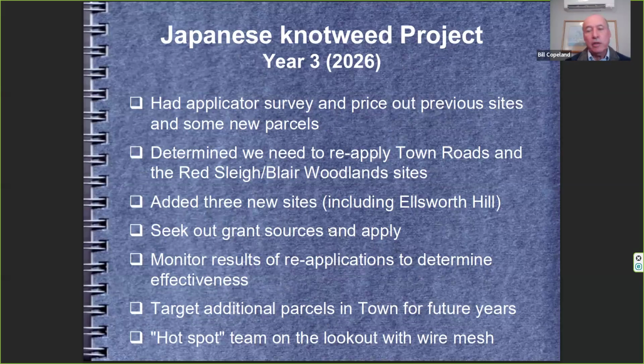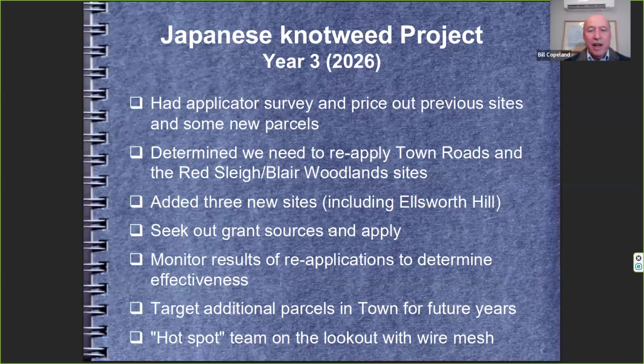And then we met as a committee to determine what were our priorities for this year, kind of looking at budgets and what really needed to be done. We determined we needed to reapply on the town roads in the Red Sleigh project that we had done in the previous year. And then we added 3 new sites, including Ellsworth Hill, which is a major project.